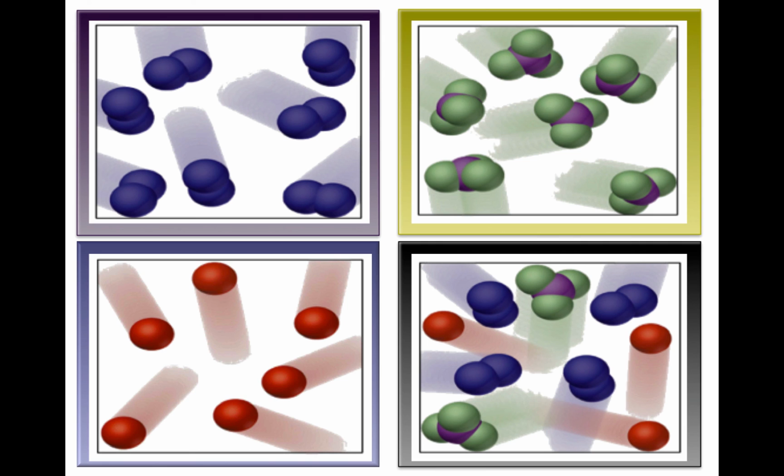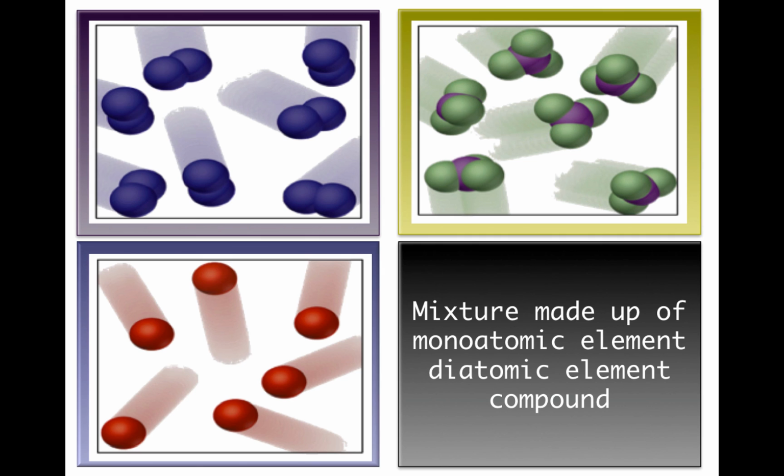Hopefully you notice the red monoatomic element. You notice the blue diatomic element, and then the compound made up of 4 atoms, 3 atoms of the same element, and 1 atom of a different element. This would represent a mixture made up of a monoatomic element, diatomic element, and compound.